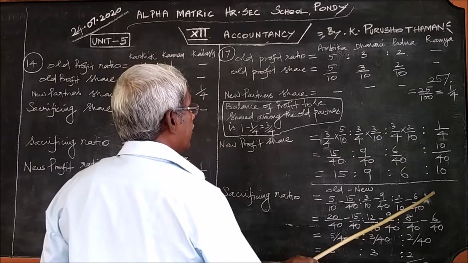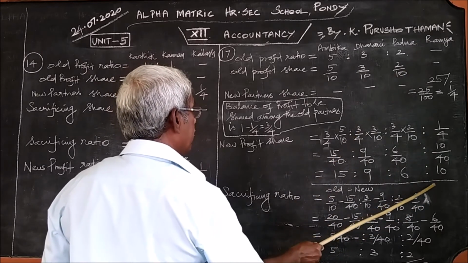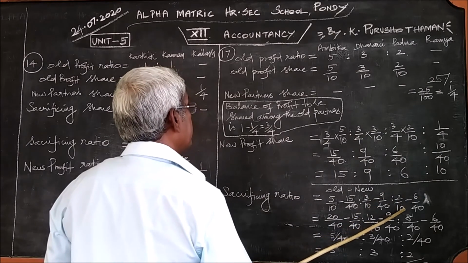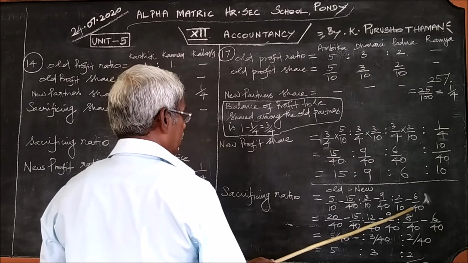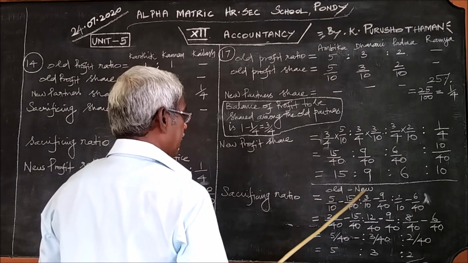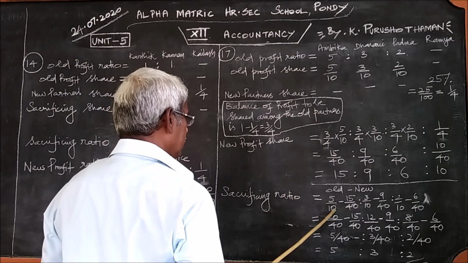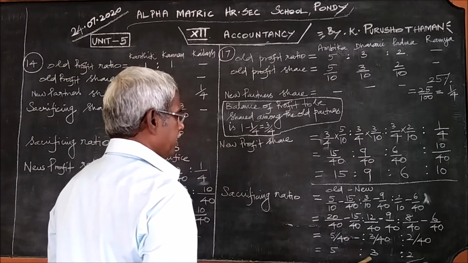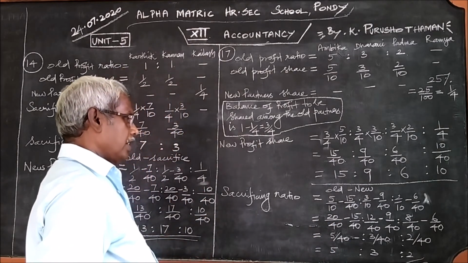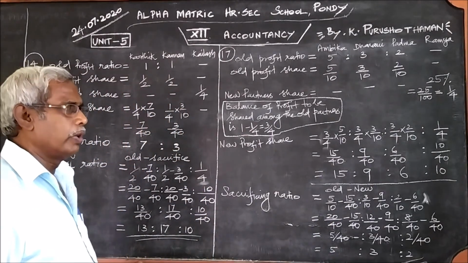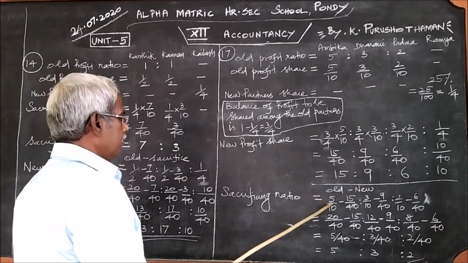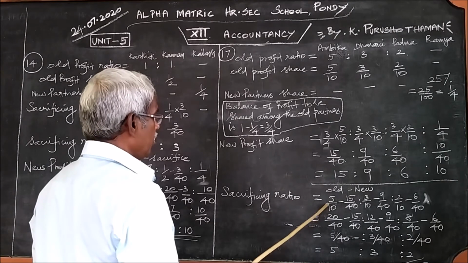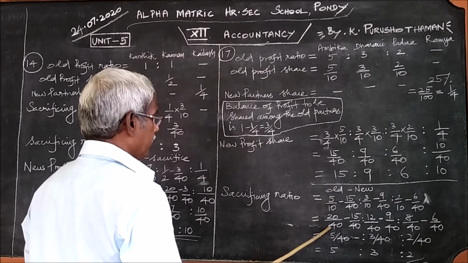Here, there is no place for the new partner because only the old partners are sacrificing. Therefore, we are considering Ambika, Dharani and Padma. So we are subtracting. Once again, I tell you, in addition and subtraction, only if the denominators are equal can we do it. Otherwise, convert the denominators into equal ones. Here, multiply this by 4, and naturally the numerator also by 4.